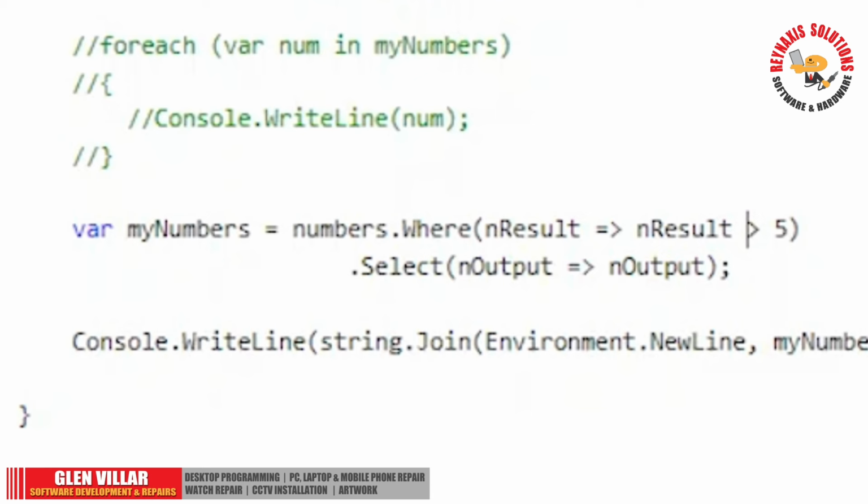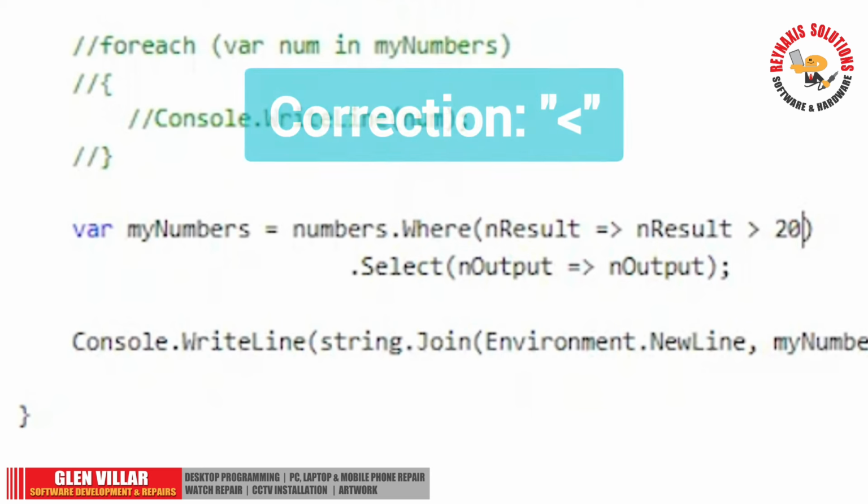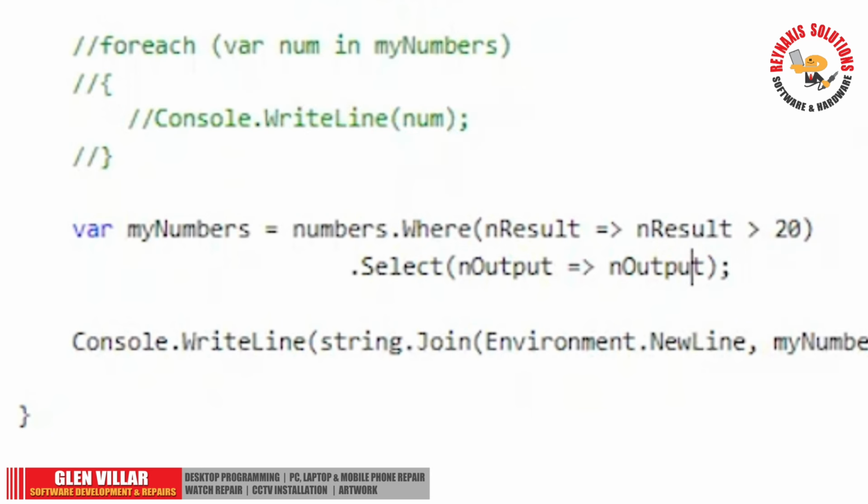We will actually use that in our next video, and I'm going to show you why the index is also important. So for now, I'm just going to increase the number of the greater than sign, the logical operator. Let's just put greater than 20 so that we can collect all the numbers in the list. And the output now will have the index.